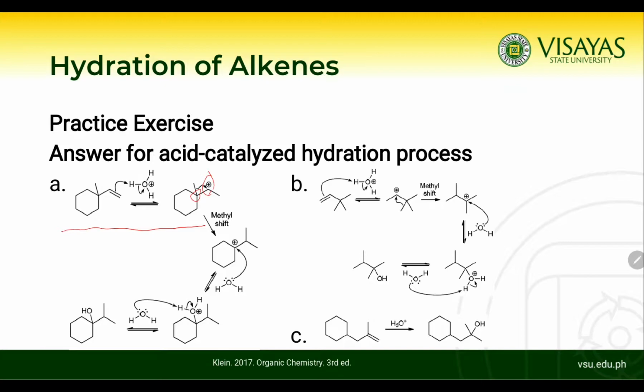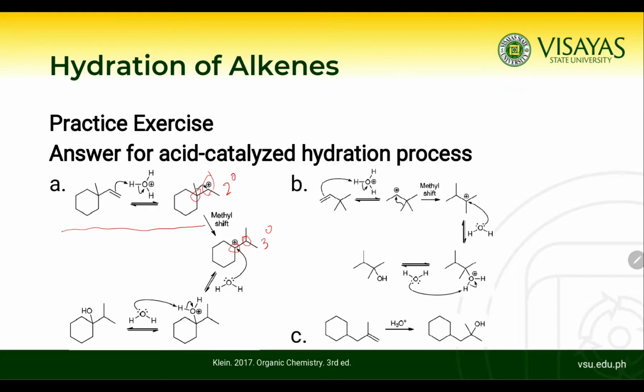Now, when we perform a methyl shift, a rearrangement reaction, that means to say the methyl will now be bonded here, and this carbon now will bear the positive charge. What happens when there is a methyl shift is that we form the more stable carbocation intermediate. From secondary carbocation intermediate, we now form the tertiary carbocation intermediate.